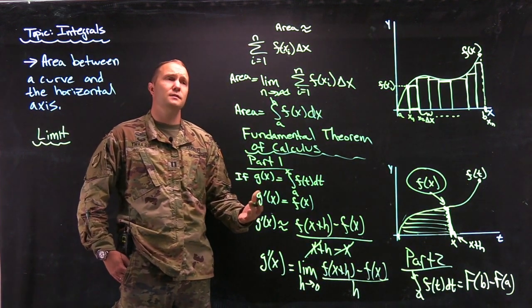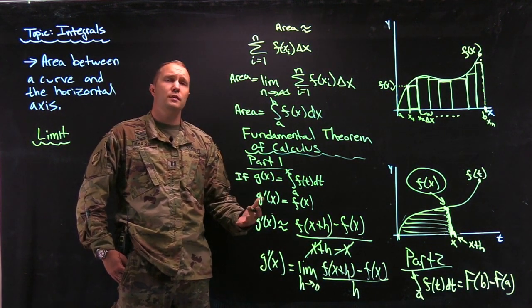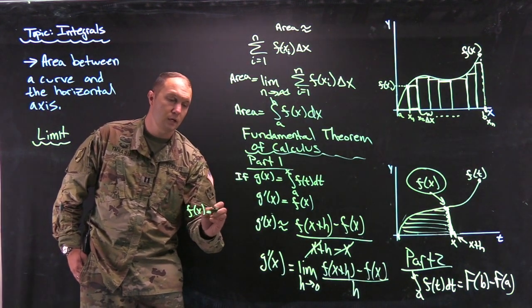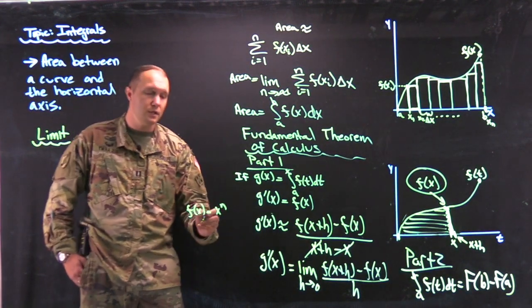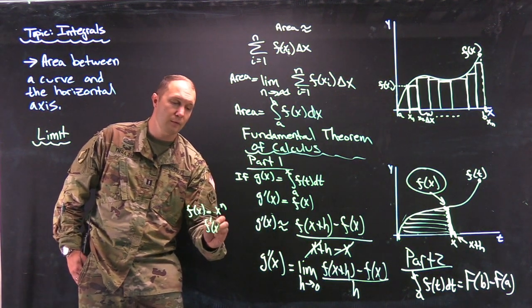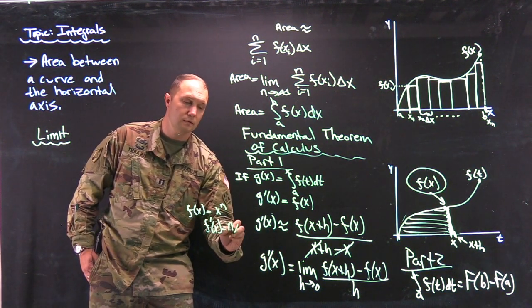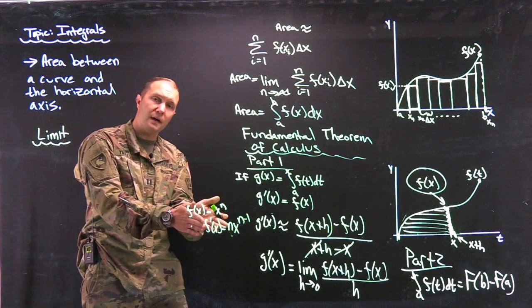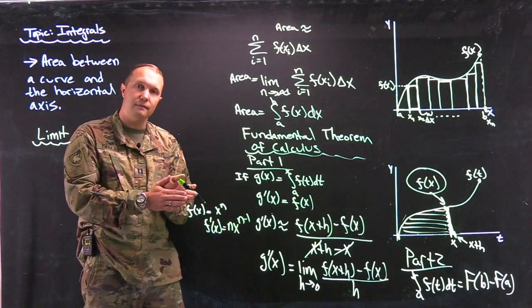So if we think back to differentiation, remember that if we have the function f of x equals x to the n, to differentiate that, to get f prime of x, we just have n times x to the n minus 1. Well, how do I go from f prime of x back to f of x?